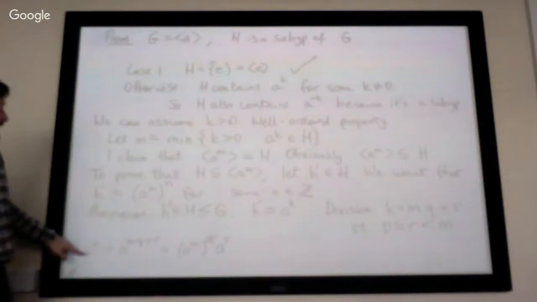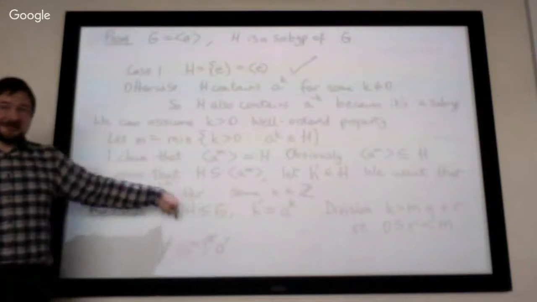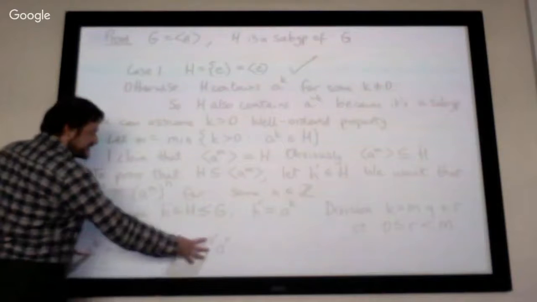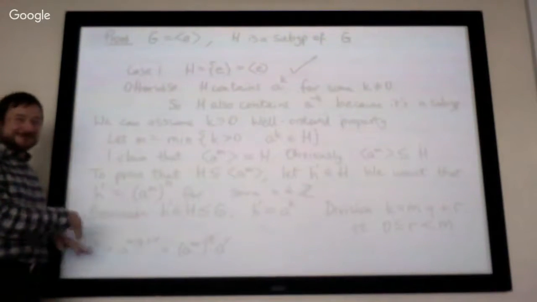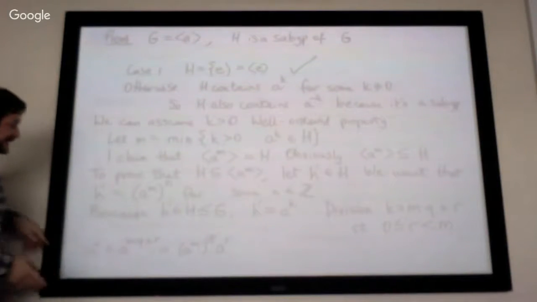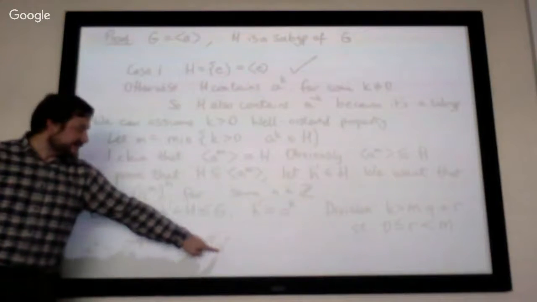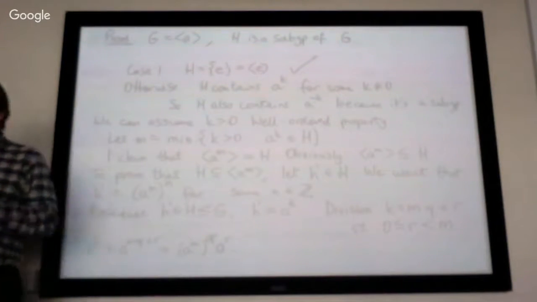And A to the k is also in the subgroup H because that's how we selected A to the k. So this is in H, this is in H, so we can divide in a group. We could multiply this by the inverse of this element, and we would get that A to the r must also be in H.